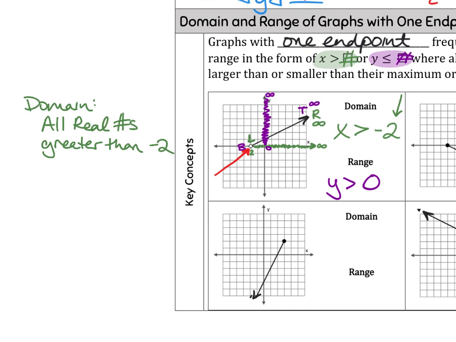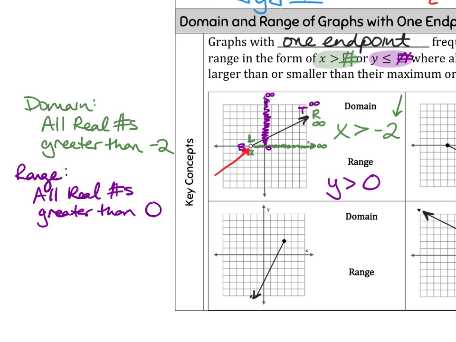All of the numbers, all real numbers, greater than -2. For the range in this first example, how you would say that out loud is all real numbers, again, that part is always the same, and that's also greater than, that's the symbol, 0. That's how you would say this range out loud. All real numbers greater than 0.